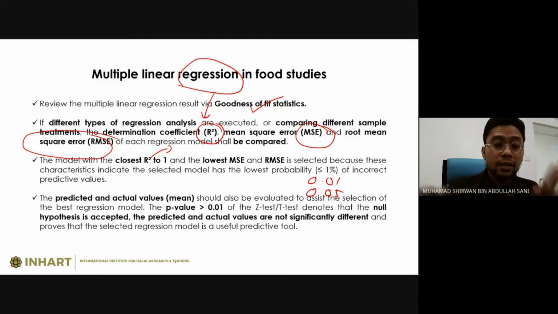And then we want to check whether they are significantly different using this Z-test. So this is how we can compare whether prediction is correct or not. The discriminant, the DA previously, kita compare dengan correct classification. But this one for MLR, we can compare using R square, MSE, RMSE dan juga Z-test.